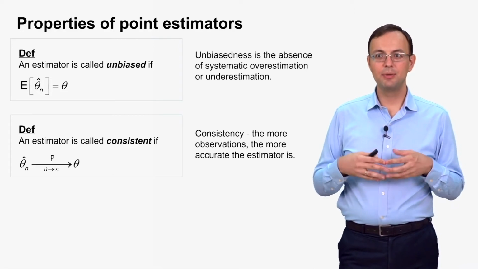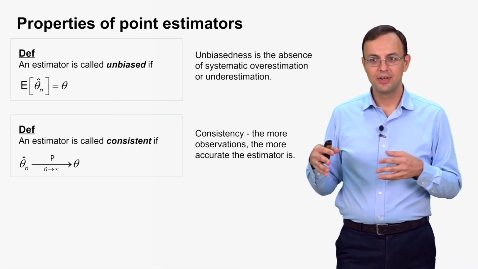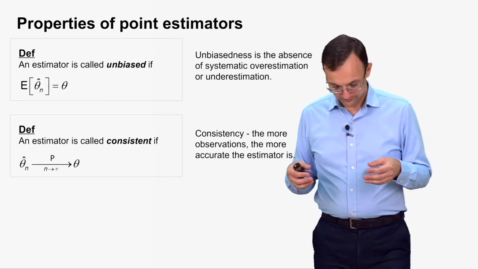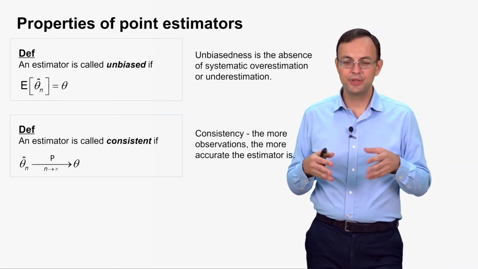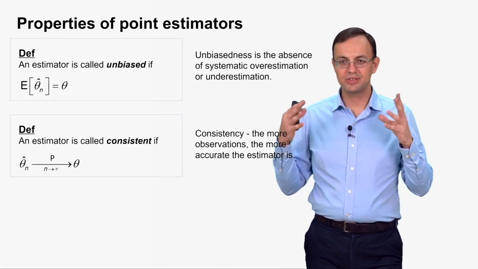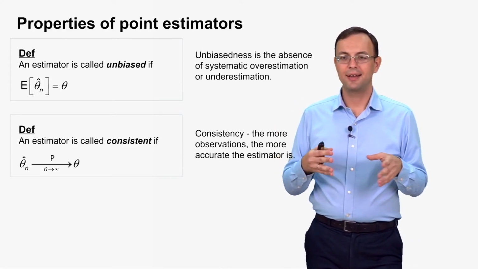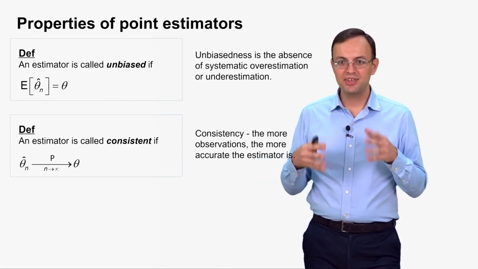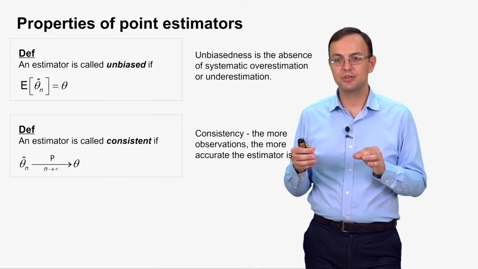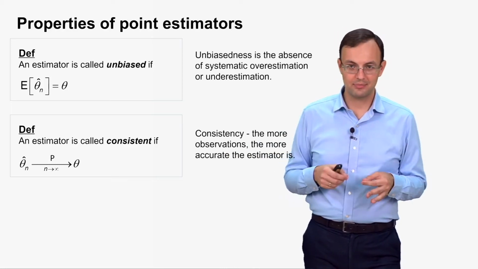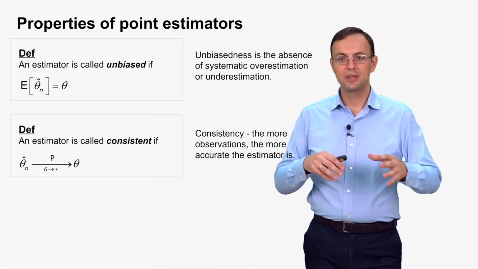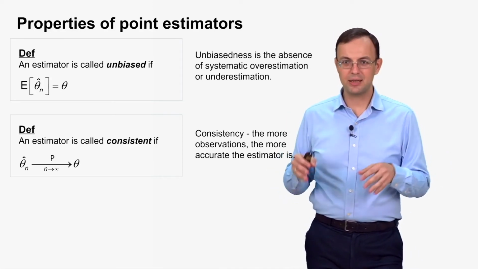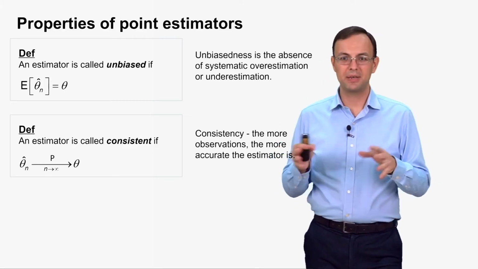It means that the more observations you have, the more accurate the estimator is. So, for example, if you measure the length of your table with a ruler 20 times and then calculate the arithmetic mean, this estimator will be more accurate than if you do this just 10 times. And if you do this 50 times, this is better. And if you do this 100 times, it is even better, and so on.